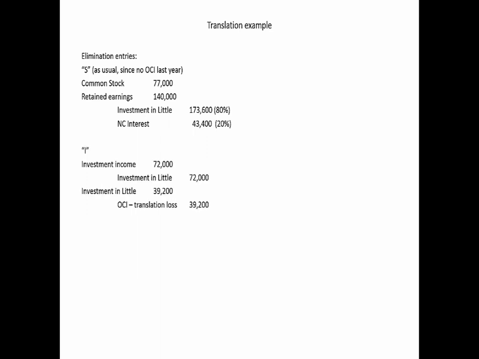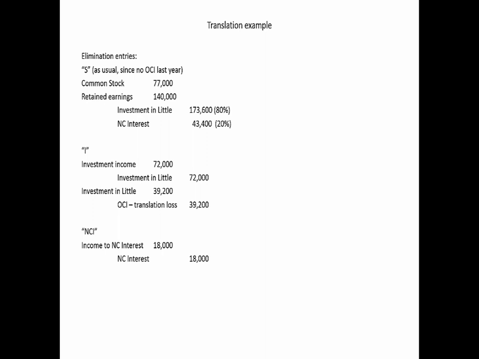So first, we can have a two-part I entry. First, to eliminate the parent's share of the reported earnings, and then to eliminate the parent's share of the other comprehensive income, or loss in this case. Likewise, the NCI entry can be broken down into two parts.